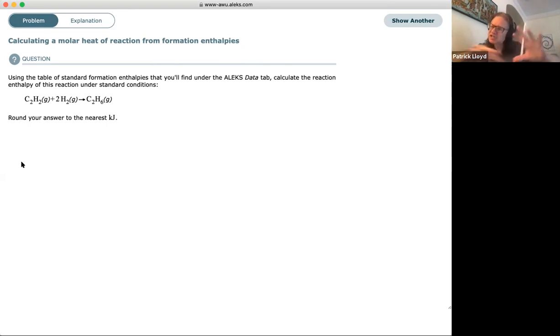So the standard conditions allow us to use those values that are tabulated for the equations that we were just talking about. Round your answer to the nearest kilojoule. So here's what you do for these problems. What you do is you look up the delta H of formation values in the ALEKS data table. You look them up and you tabulate them, put them right underneath the substance in the equation. And then you use this formula.